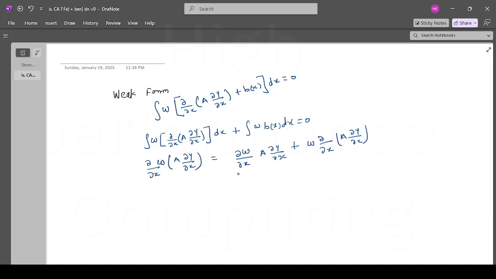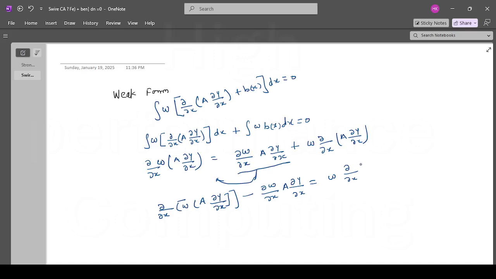Now transfer the first term of the RHS into the LHS, so it will become del by del x of omega a del y by del x minus del omega by del x a del y by del x equals omega del by del x of a del y by del x.